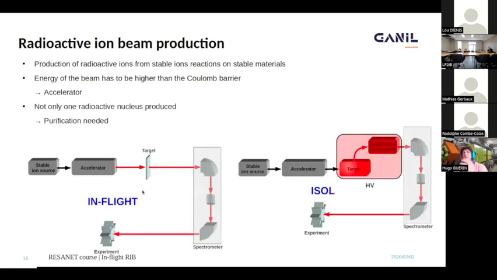And then, I focus on the fragmentation, but you have not only one radioactive nucleus which is produced, so you will need purification. And this can be achieved by the in-flight method or the ISOL method.